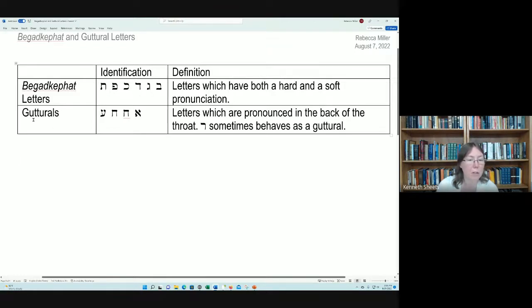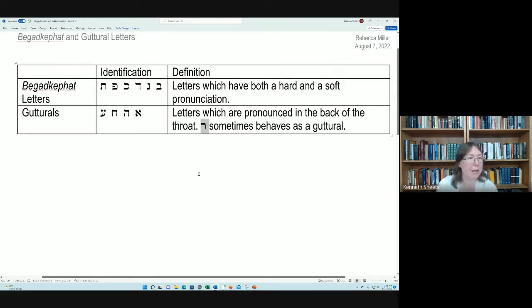And then we also have what we call the gutturals, which are going to be the letters Aleph, Hey, Chet, and Ayin. And these are letters which are pronounced in the back of the throat. And as a side note as well, the resh sometimes behaves like a guttural.